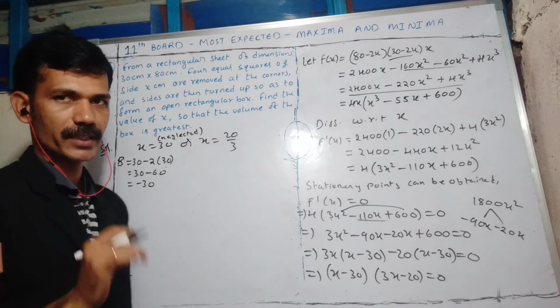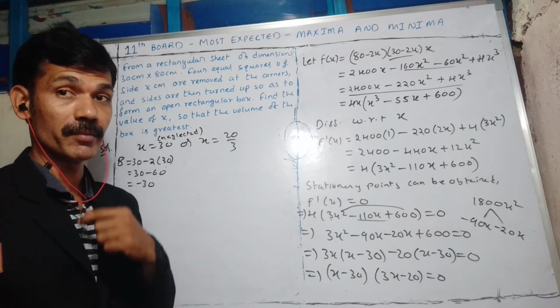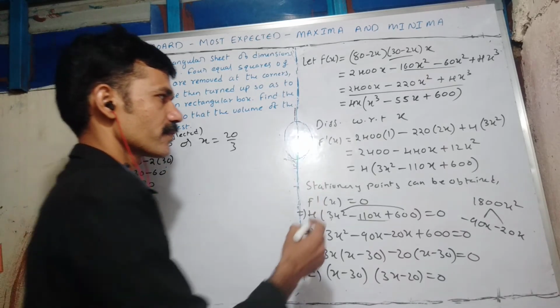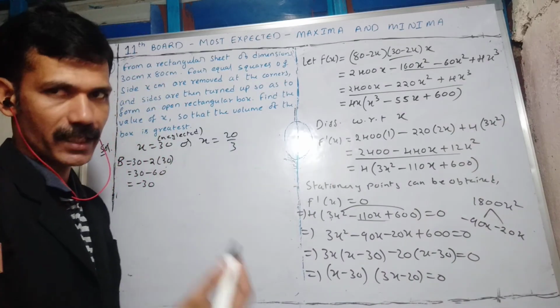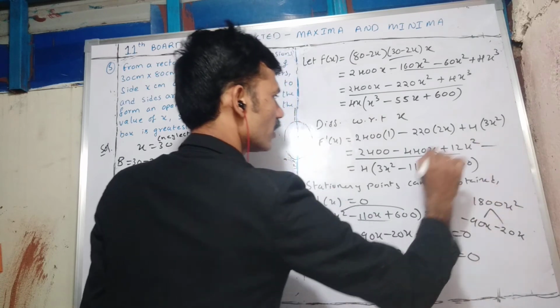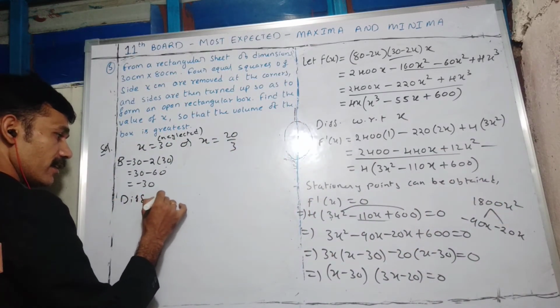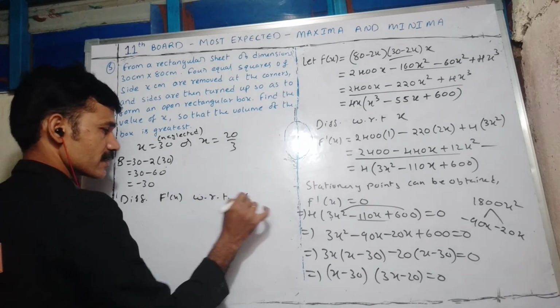So we have to take x = 20/3, and we have to check whether it is a maximum or minimum. For that, what we have to do? Again, we have to differentiate this function f'(x), the second derivative. Now differentiate f'(x) with respect to x.